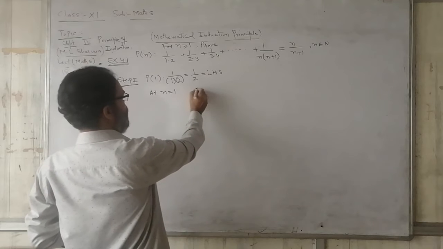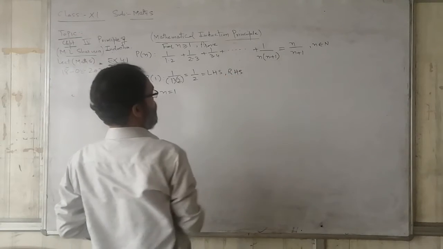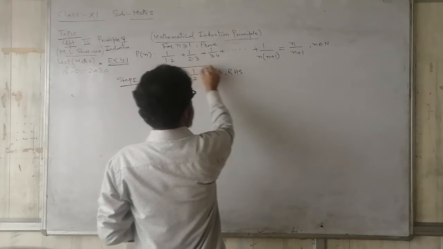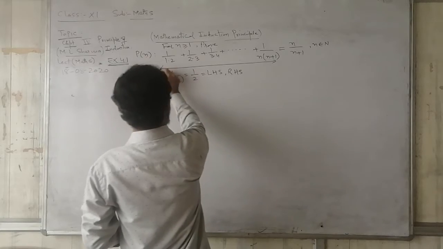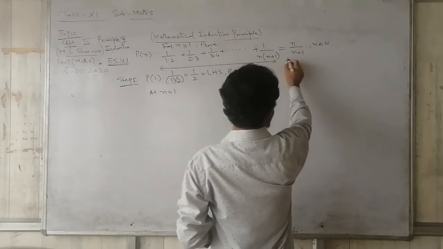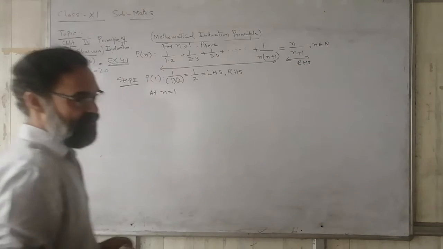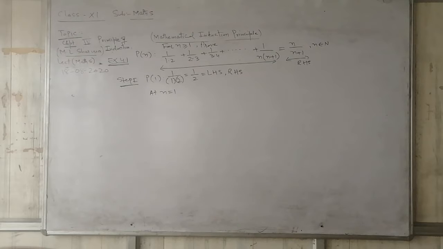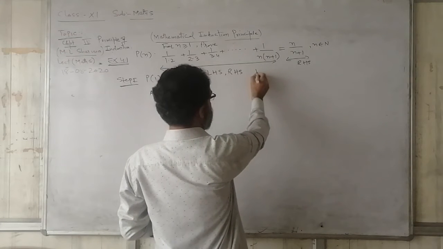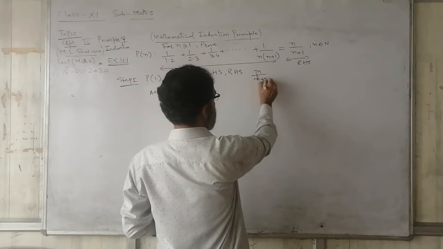I have put the value of n equal to 1 in this statement, and only the first term is taken. So if I take right hand side, this is left hand side up to here, and this is right hand side. So I have to check whether left hand side and right hand side are equal or not. So my right hand side is n upon n plus 1.